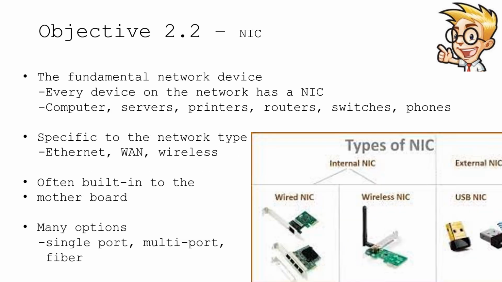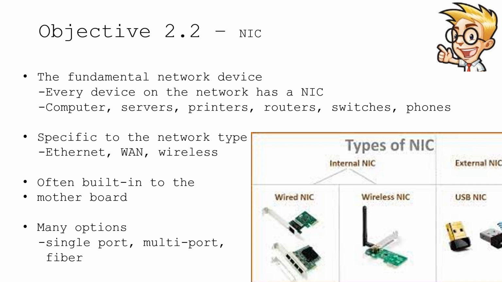If you're going to connect a copper wire cable, it's going to be to a NIC. NIC stands for Network Interface Card. They are the fundamental connection that every wired device needs, like a computer, a server, a printer, a router, a switch, a phone, and so many more.